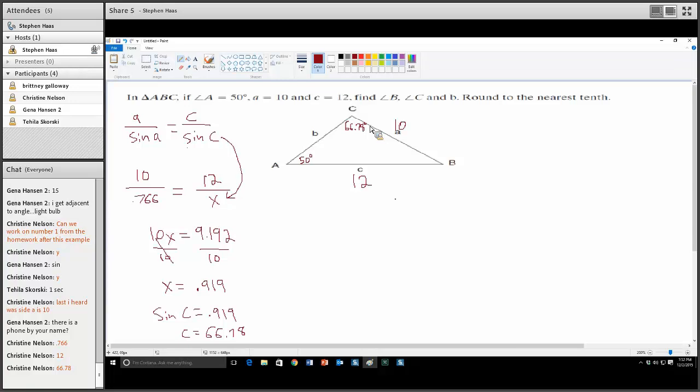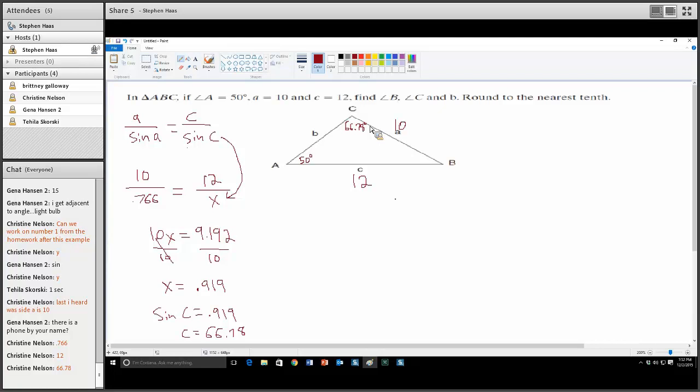Well, now we've still got to get angle B and side B. How do we do that? We don't yet know either side B or its angle, so we can't use the law of sines just yet. But is there any way we could figure out angle B? Forget trigonometry.